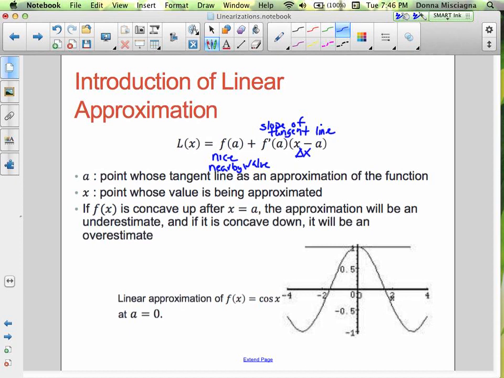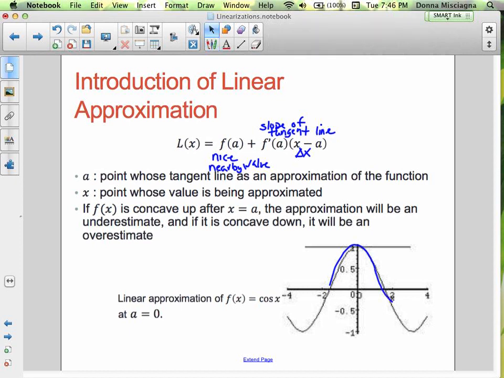All right, so let's take a look here at our graph. We're going to use this graph to do some approximating. And we see in some places this graph is concave up, like right here, and right here.